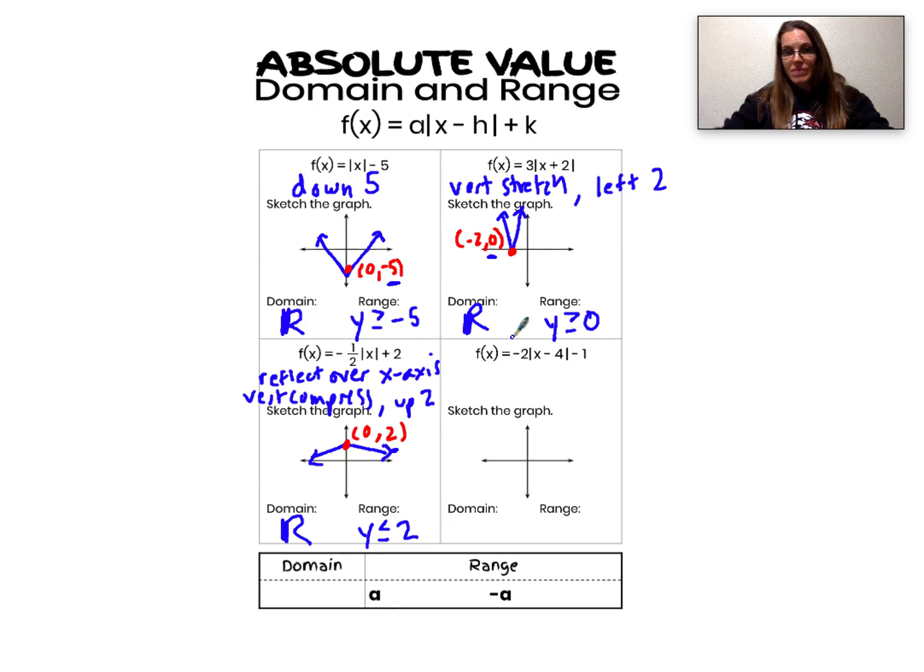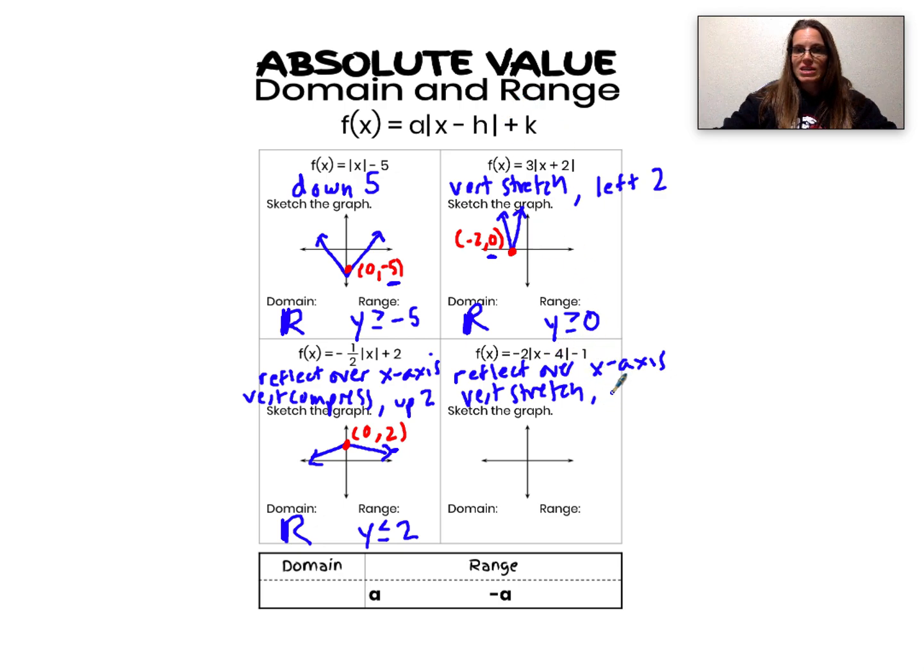Last example. f(x) = -2|x - 4| - 1. The negative sign, again, is a reflection over the x-axis. The 2 is a vertical stretch. I have a steeper graph. Inside the absolute value bars, I'm moving left or right, opposite of what I think since I'm subtracting h.